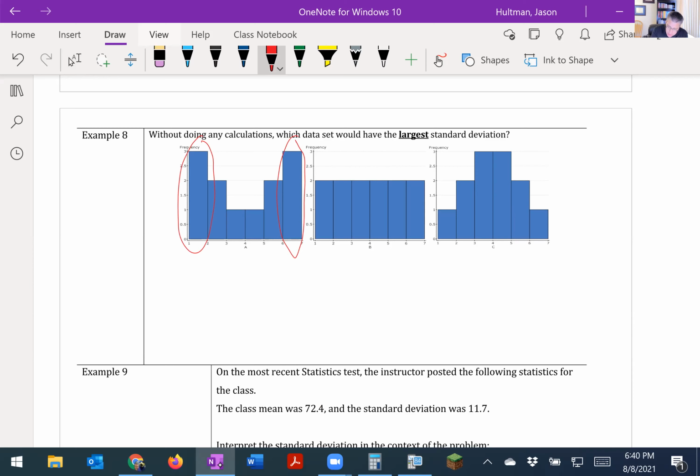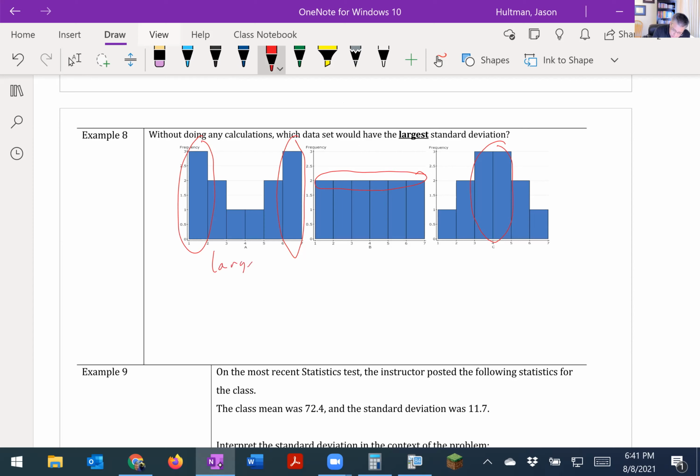For the second one, all the data has the same number of values. For the last one, a lot of the data is in the middle. So the data that is more spread out has the largest.